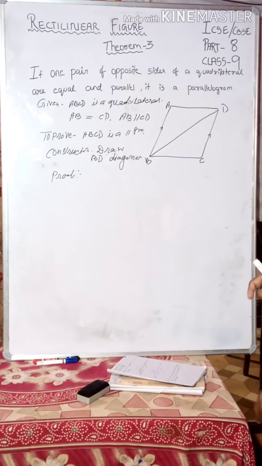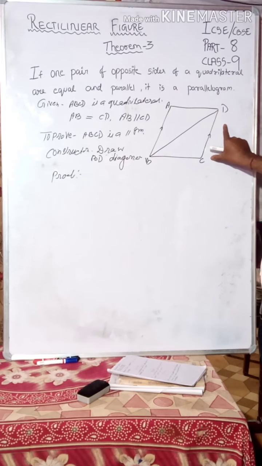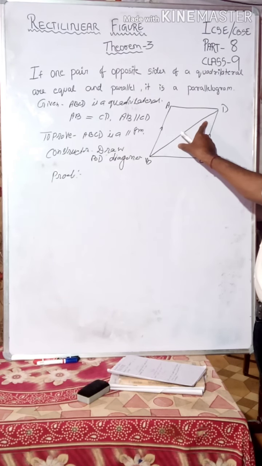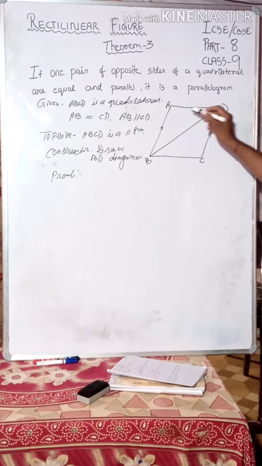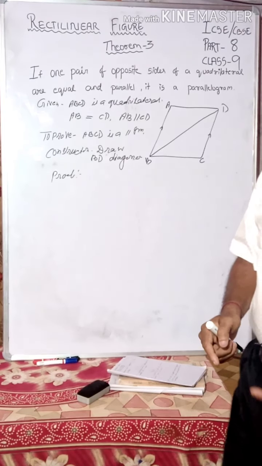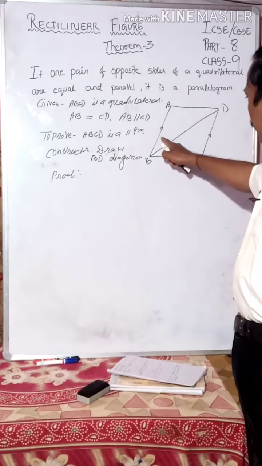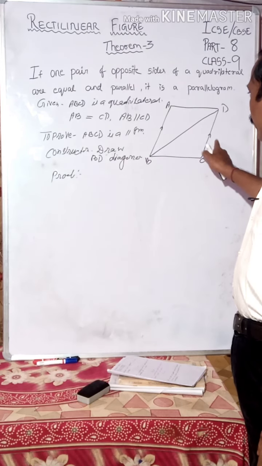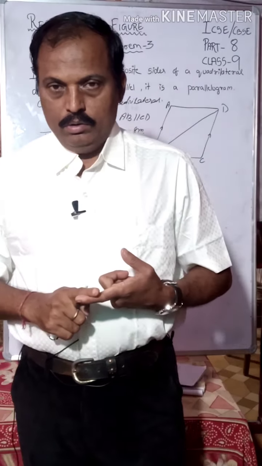Now look here, as AB is parallel to CD and BD is the transversal, so obviously this angle is equal to this angle. That is the alternate interior angle. And AB is equal to CD, given, and BD is the common side.